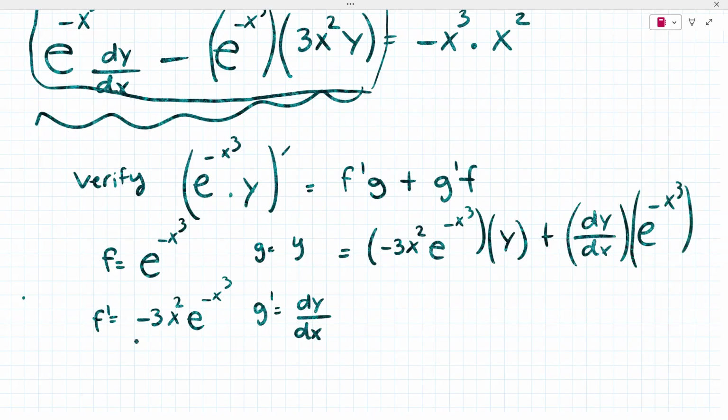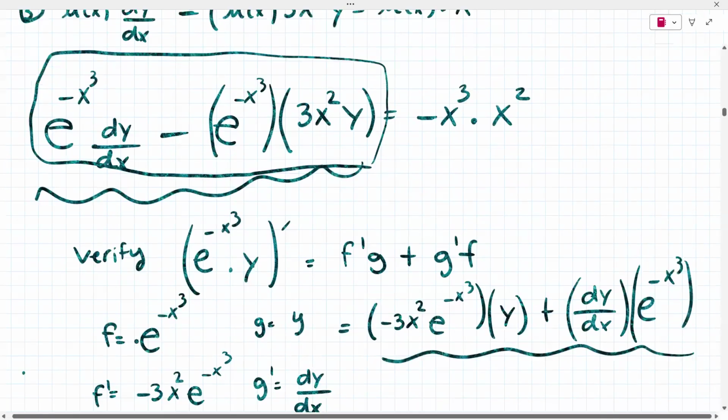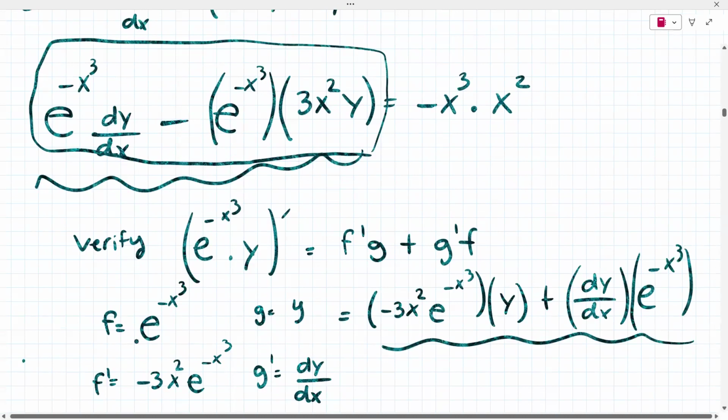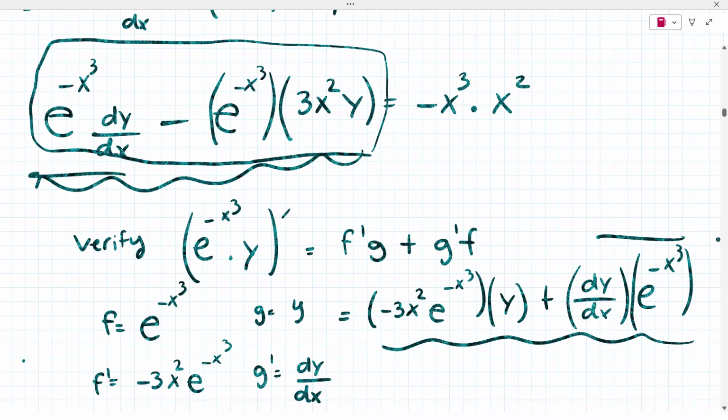Okay, so does this thing right here equal the left? Yes, it does, right? This right here is this whole thing. So yes, we just verified it.